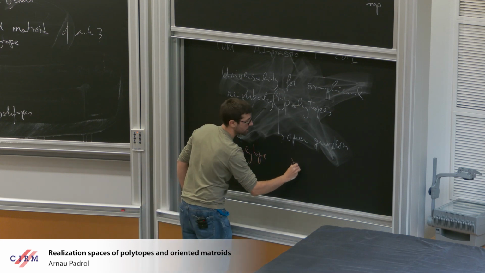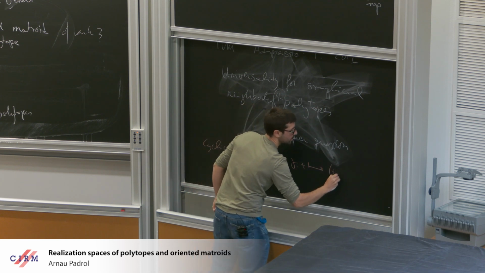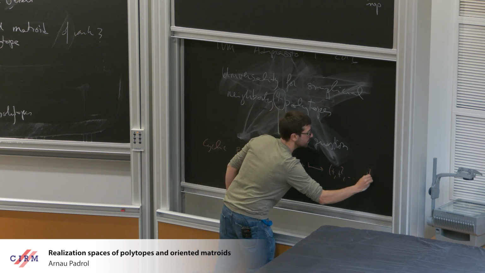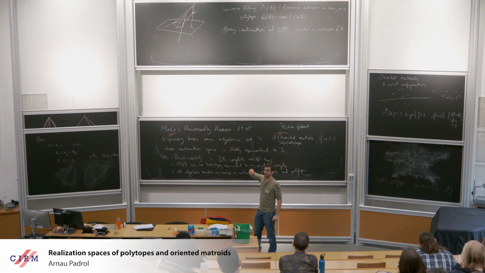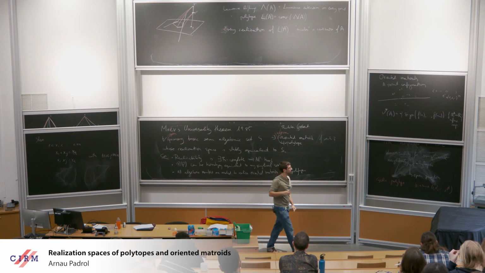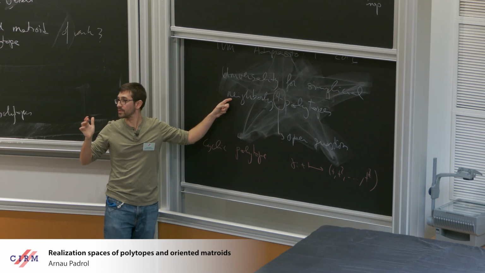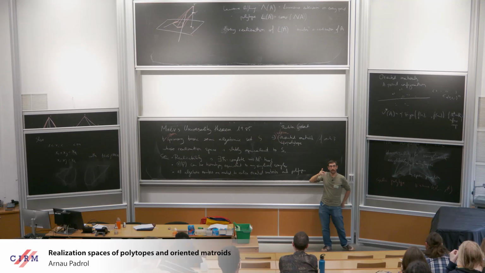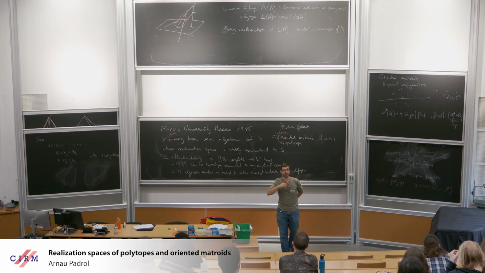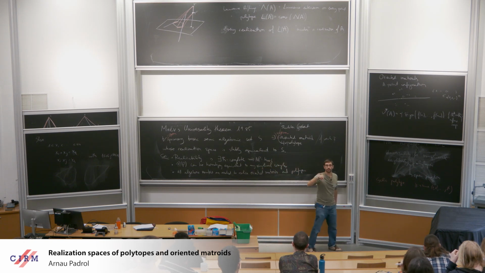If you take the moment curve that takes t to (t, t squared, ..., t to the d), and you take n points on this curve, and you take the convex hull, you get a polytope that is neighborly. So when I say neighborly without saying which is the k, it means d halves, which is the best possible. You get a polytope that is d halves neighborly, and whose combinatorial type does not depend on which points you chose. That's why we talk about the cyclic polytope.